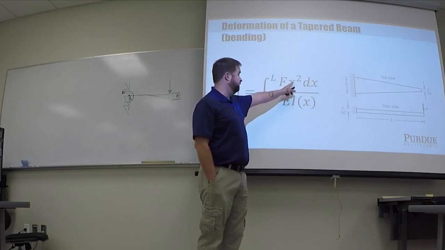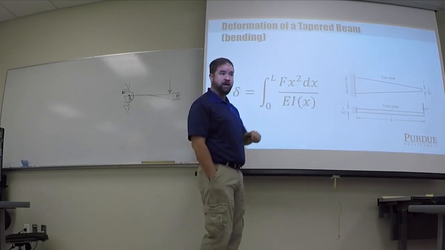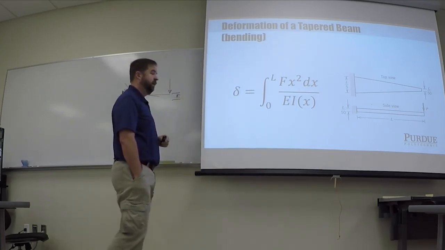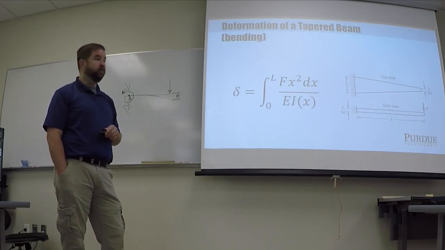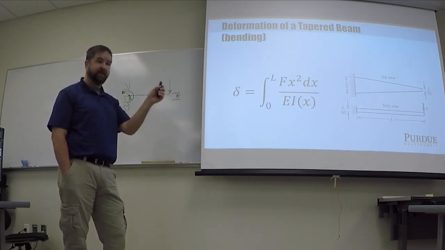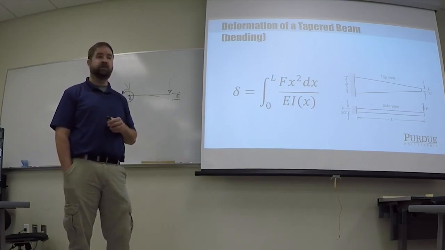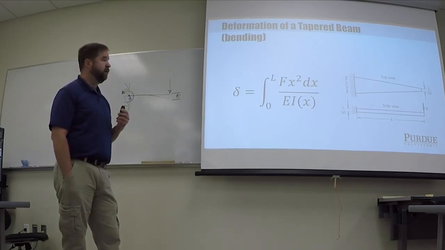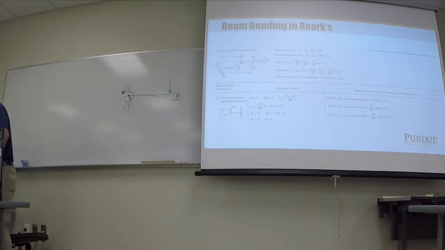And so it's the integral of f(x) squared dx over EI(x), where I is a function of x. Okay, I can integrate that and come up with an exact solution. I can apply finite elements to that, break it into smaller and smaller pieces, and approximate that exact solution. And then I'm also going to show you something here that is really useful.